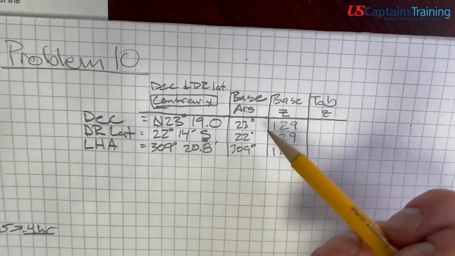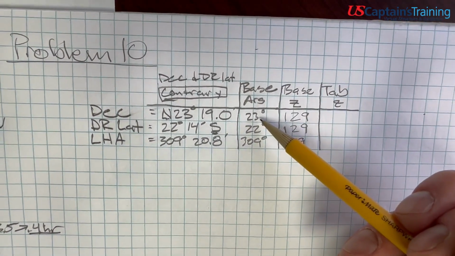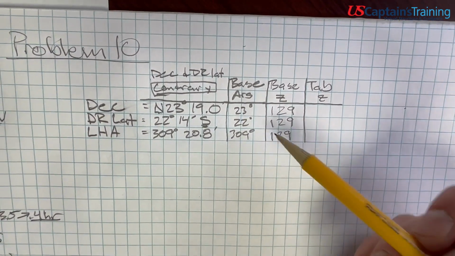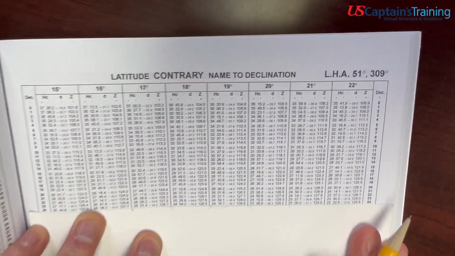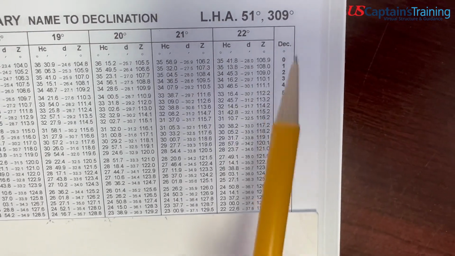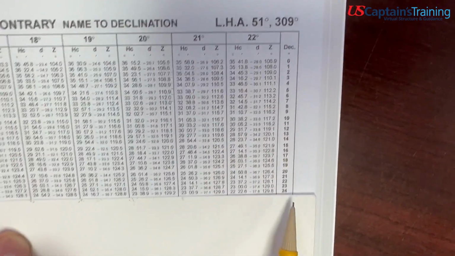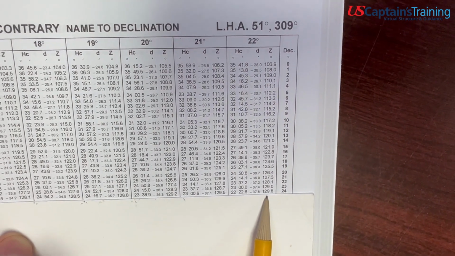So let's do that. The first thing we do is take our declination up by 1. So we're looking for 24, 22, 309. This is the easiest one to find. You just slide your dec down by 1. And now we're 309, we're contrary, we're 22, 24. 129.8.